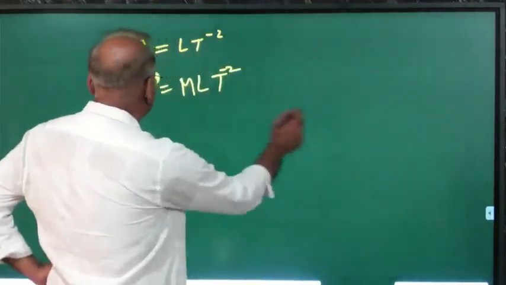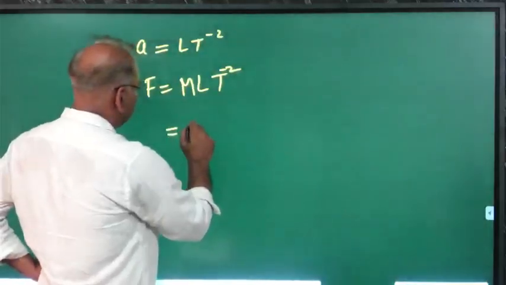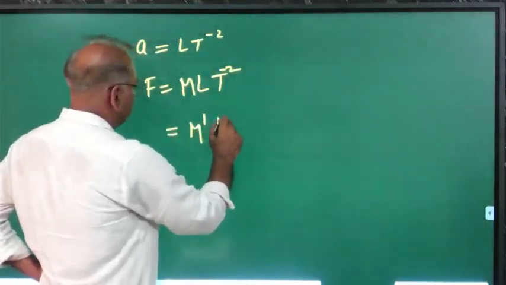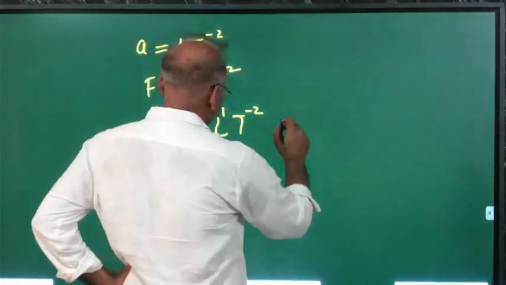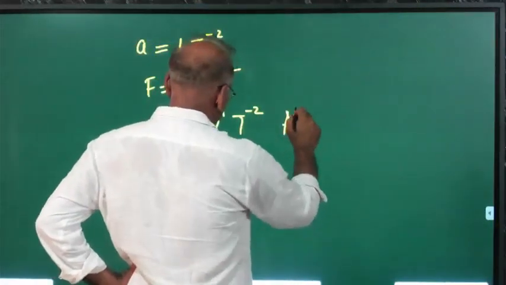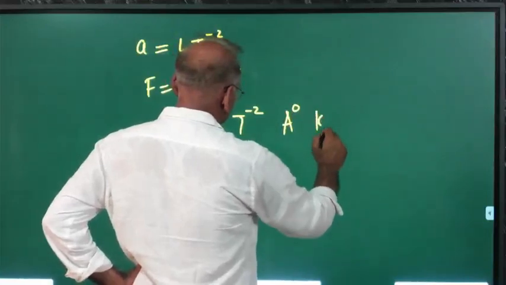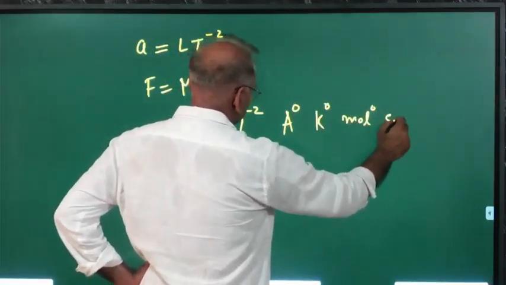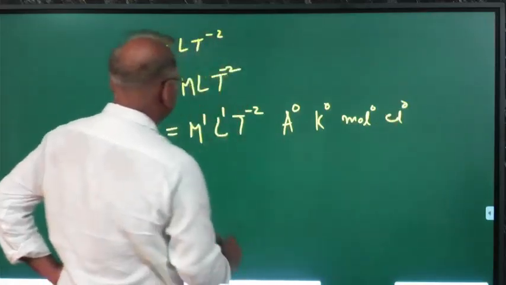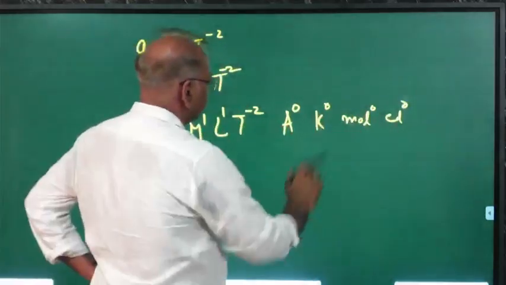So it can be expressed as M1, L1, T minus 2, and A0, mole 0, CD0.